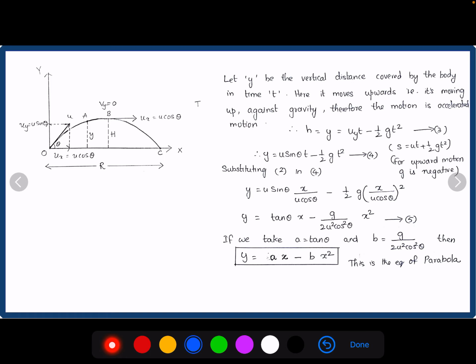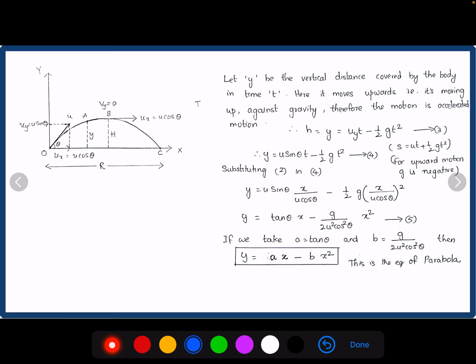Now, in the time t, let y be the vertical distance covered by the body. Here it moves upwards, so in time t it covers this distance y. Now, it is accelerated motion because acceleration due to gravity is acting in the vertical direction.